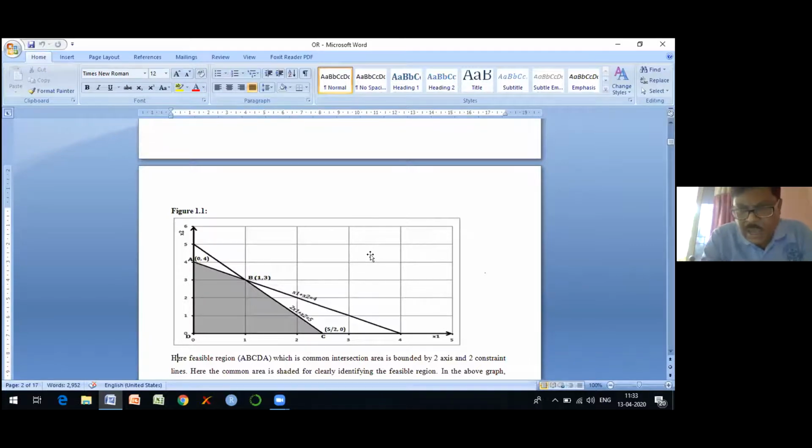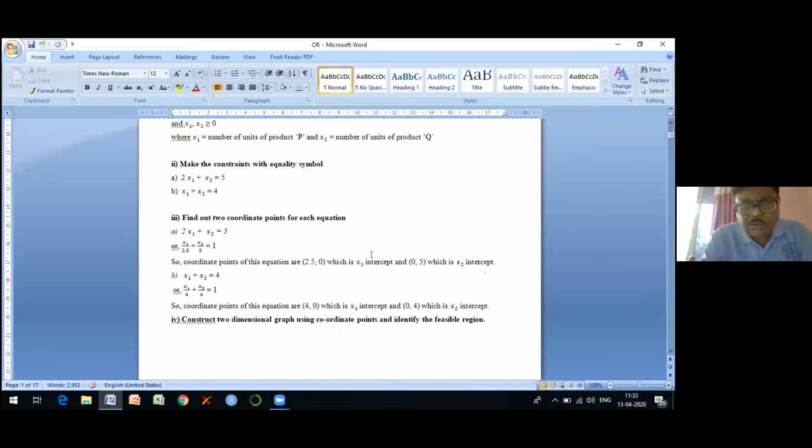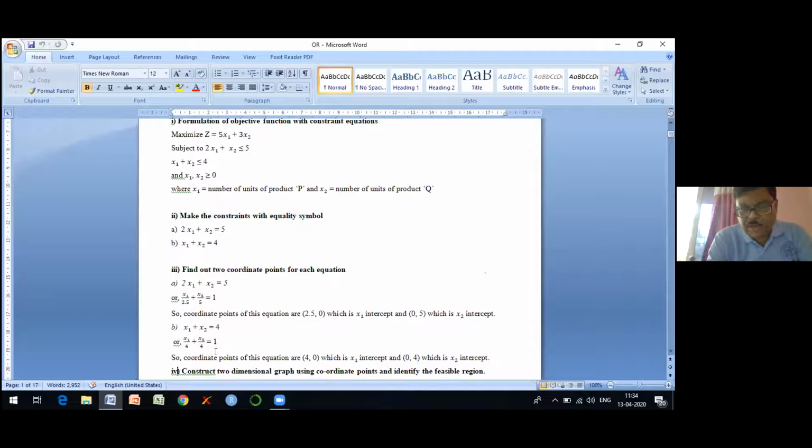Now we are coming to the second constraint. In case of the second constraint, x1 plus x2 equal to 4. So similarly, we can divide both sides by 4. Therefore, we can write x1 by 4 plus x2 by 4 equal to 4 by 4 equal to 1. Again, we are getting 2 points, 2 coordinates. And what are those 2 coordinates?